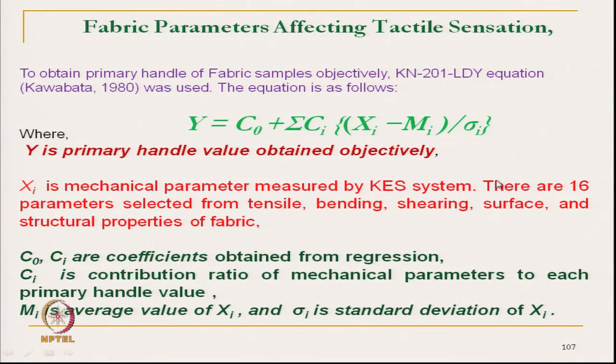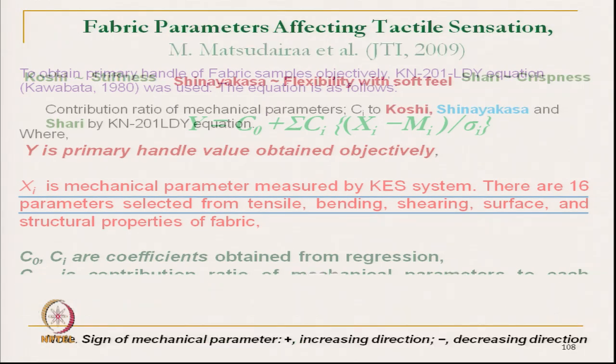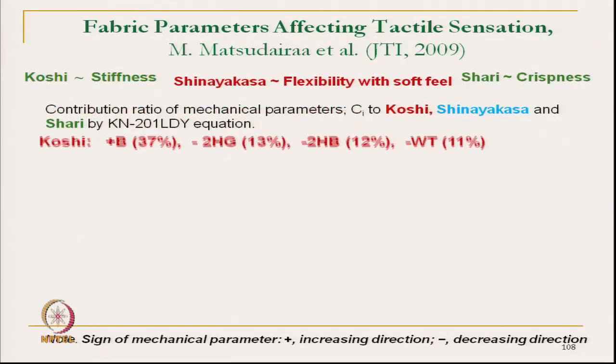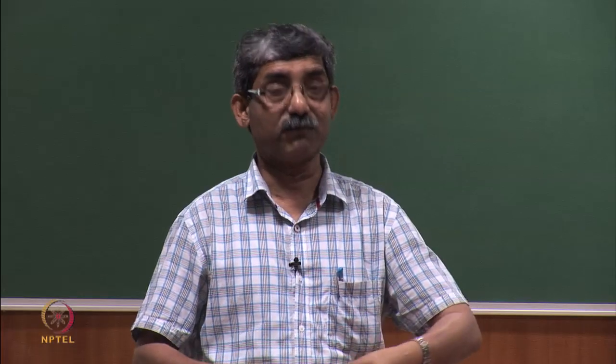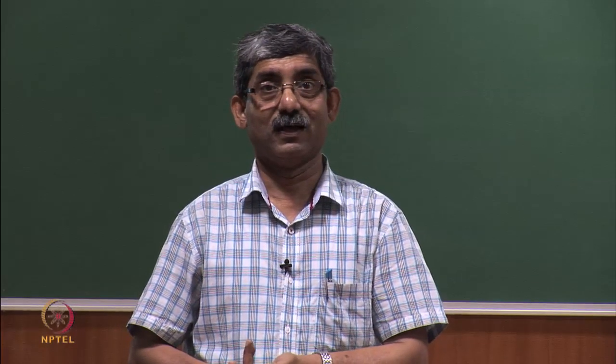Now, let us see an example of 3 mechanical parameters: Kochi, Shinayakasa and Shari. Kochi, as we have seen earlier, reflects stiffness related characteristics.